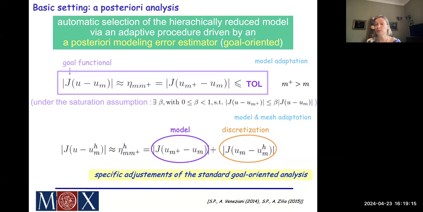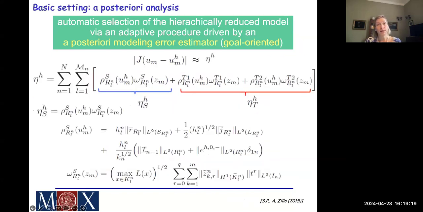And this is exactly what we have done in both of these contributions. And here there is what I have done together with Alessandro Ziglio in 2015, so a lot of years ago, to control not only the space step, but also the time step.